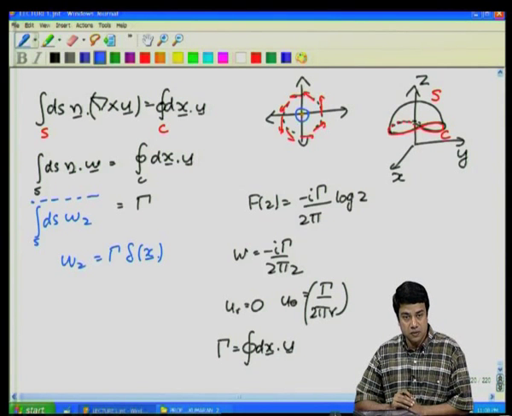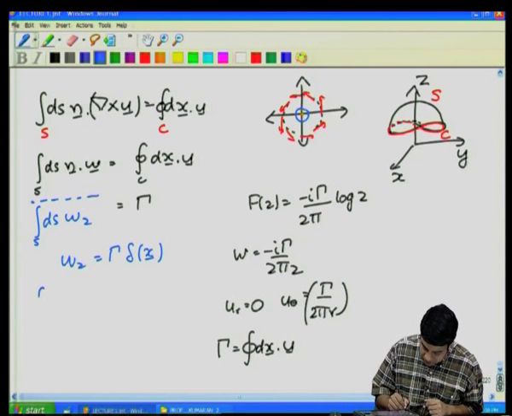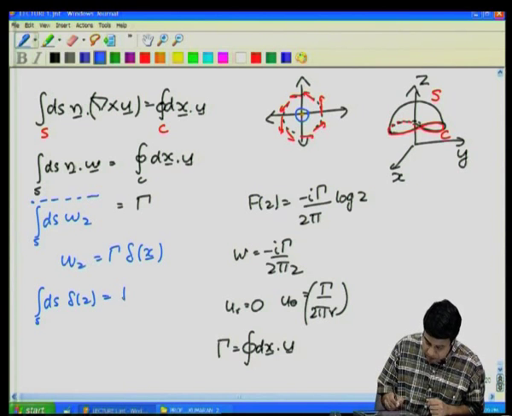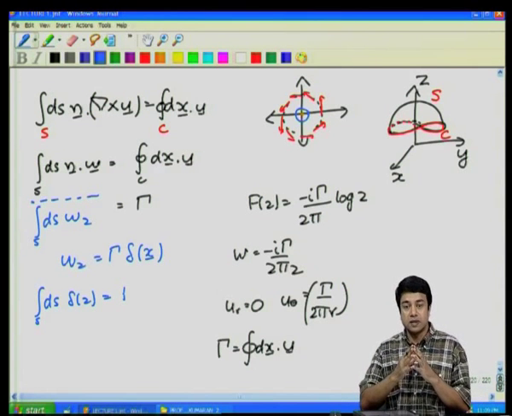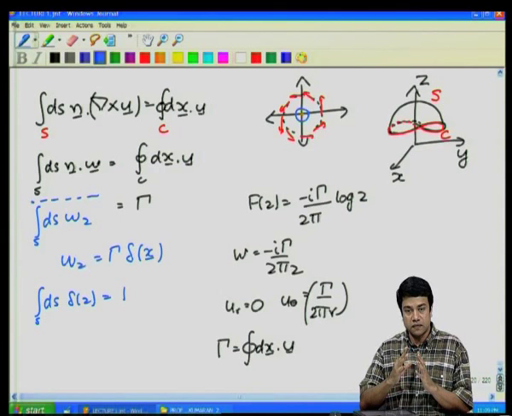This delta is a two-dimensional delta function, since we are using a two-dimensional coordinate system. The integral over the surface dS of delta has to be equal to 1, so this delta function has to have units of 1 over length squared.